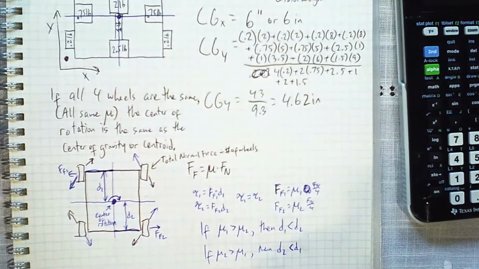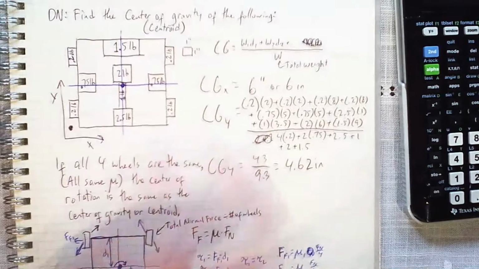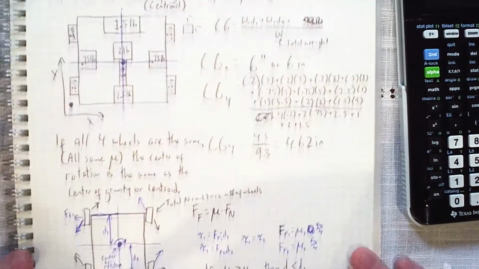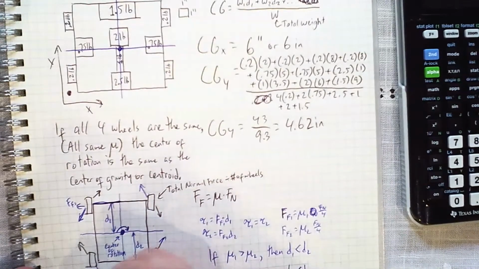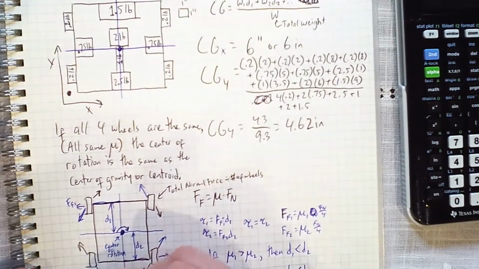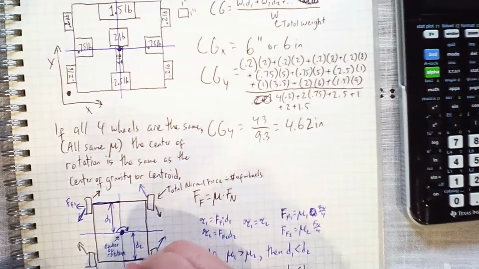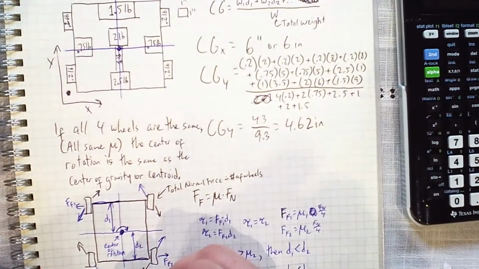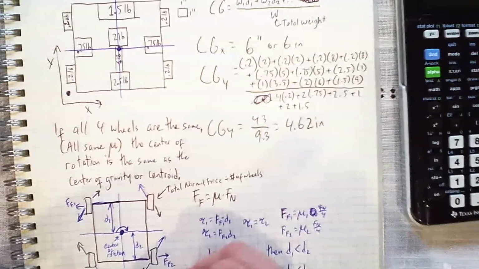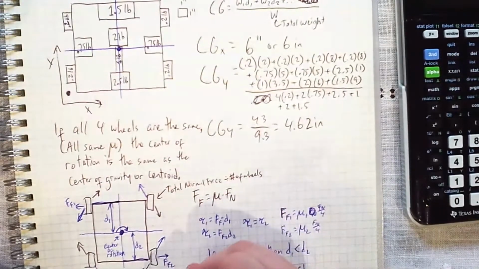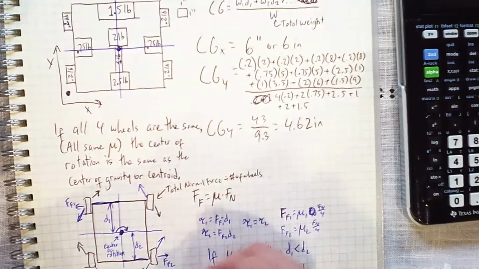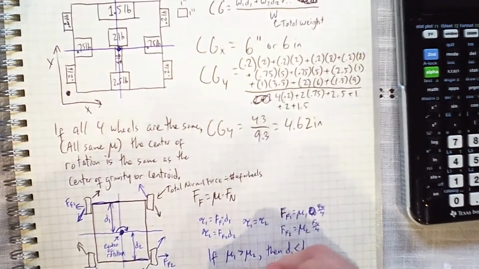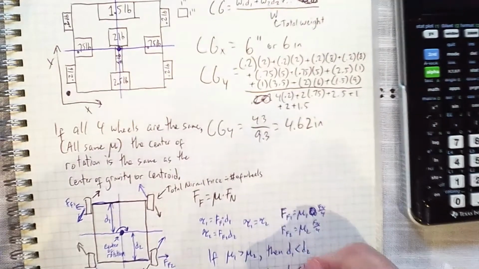Okay, so I want to go back a second to the do now, and let's change things a little bit. If mu1 is equal to 0.3 for this, and mu2, like a Pokemon, is equal to 0.05, let's try to find the center of rotation.